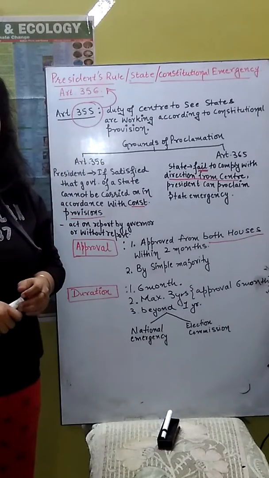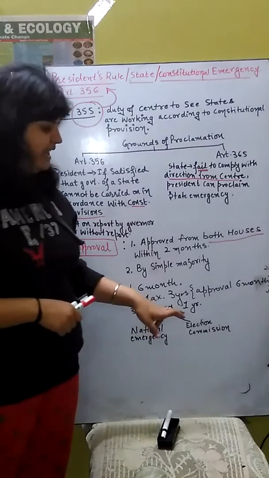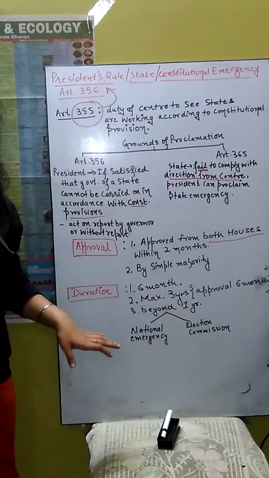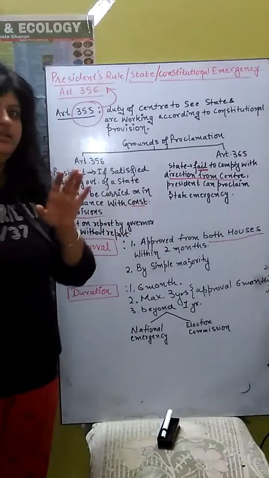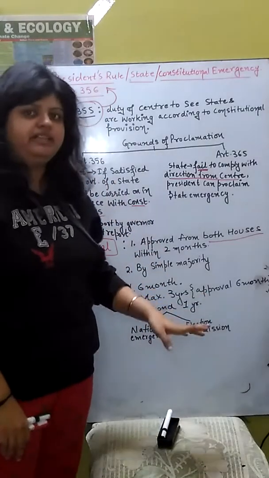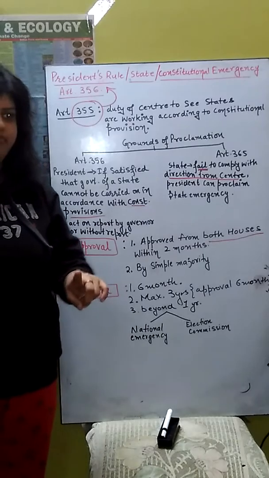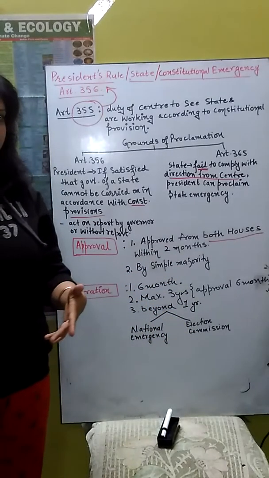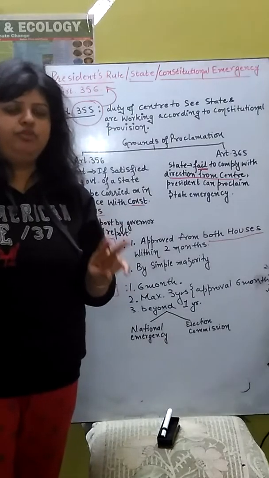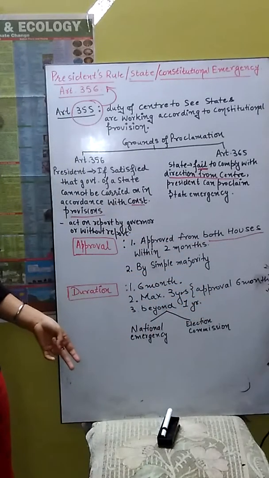They have added 2 pointers: if in any state you want to continue the president rule beyond 1 year, 1 year के बाद भी अगर you want to continue the president rule, there should be 2 pre-requirements, only then you can continue after 1 year also.